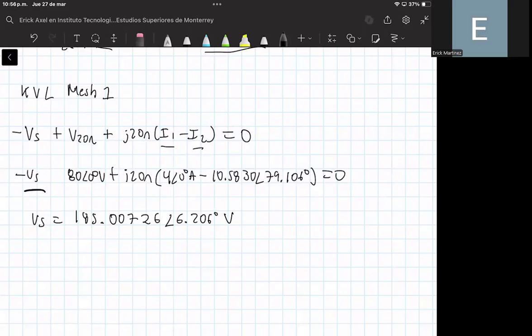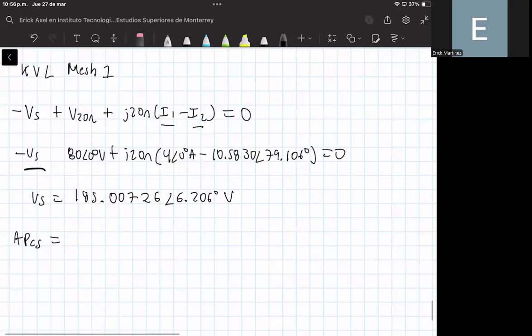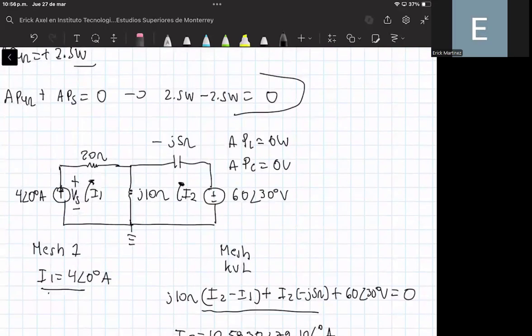And with this information, we can now compute the average power of the current source. Again, we need to be careful about the sign of the average power. Here you can notice that the current I1 is entering through the negative terminal of the current source.